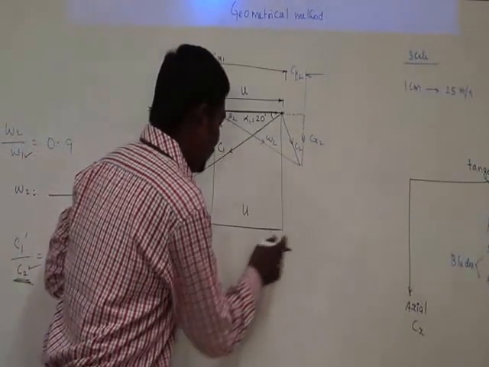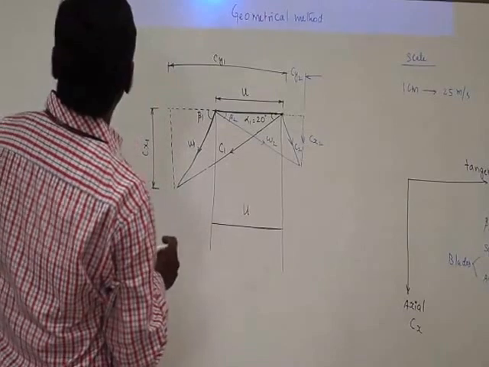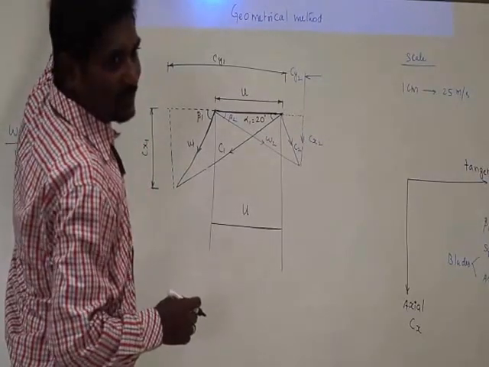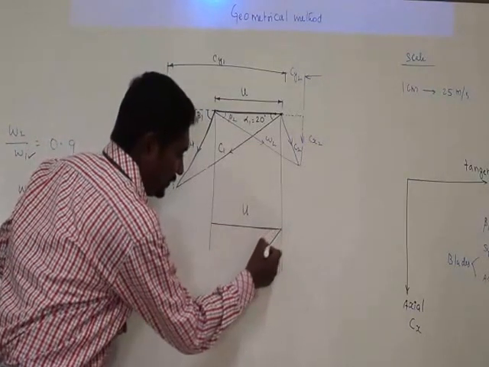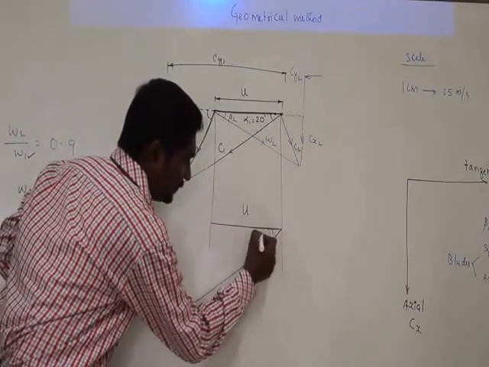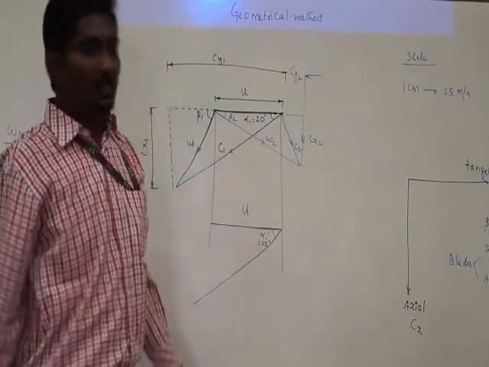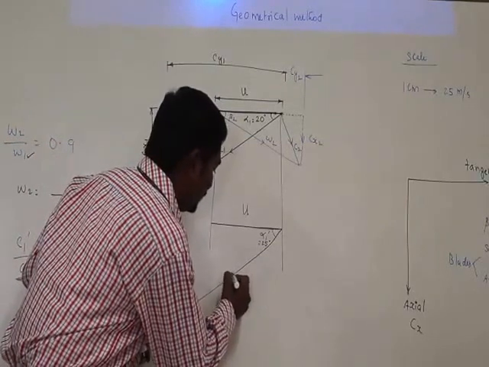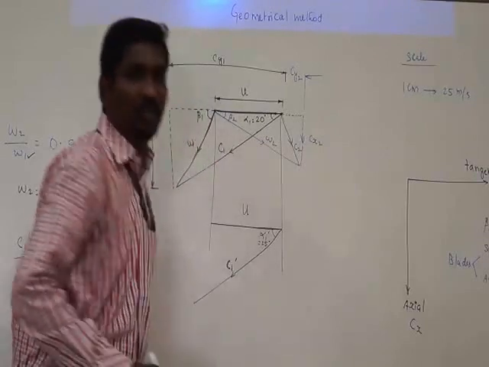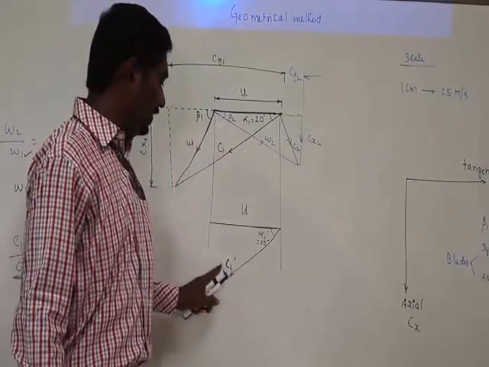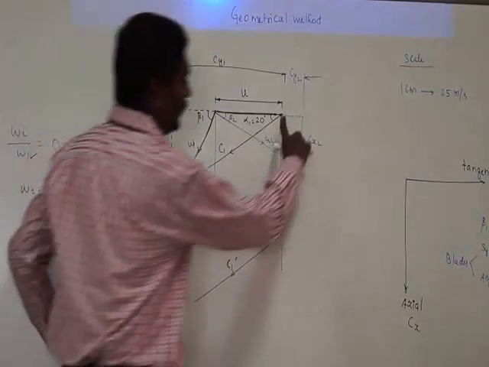So I am going to draw C1 dash here. And what is the value of the alpha 1 dash? Alpha 1 dash is given as 25. So I am going to draw a line inclined at 25 degree. This is alpha 1 dash, which is equal to 25 degree. To what extent you can draw? This is your inlet fluid velocity for the second row of the moving blade, which is equal to 0.9 times C2. C2 we know.